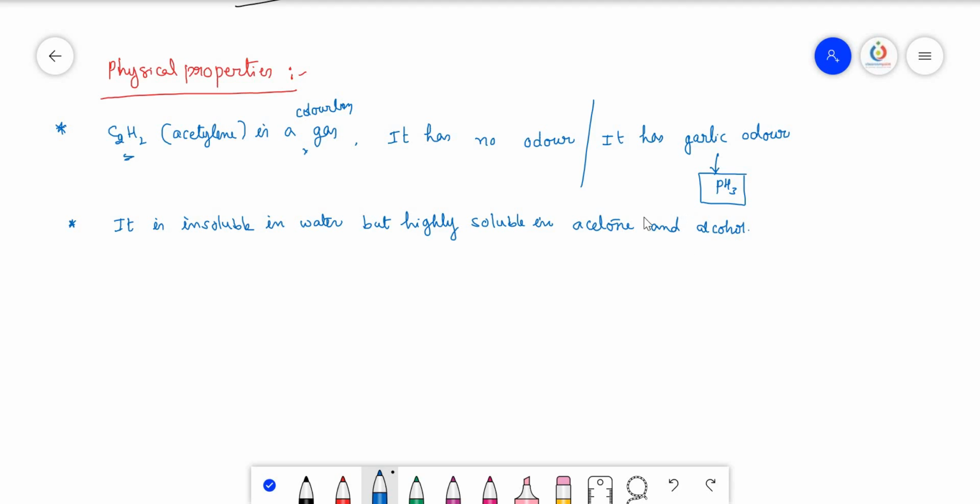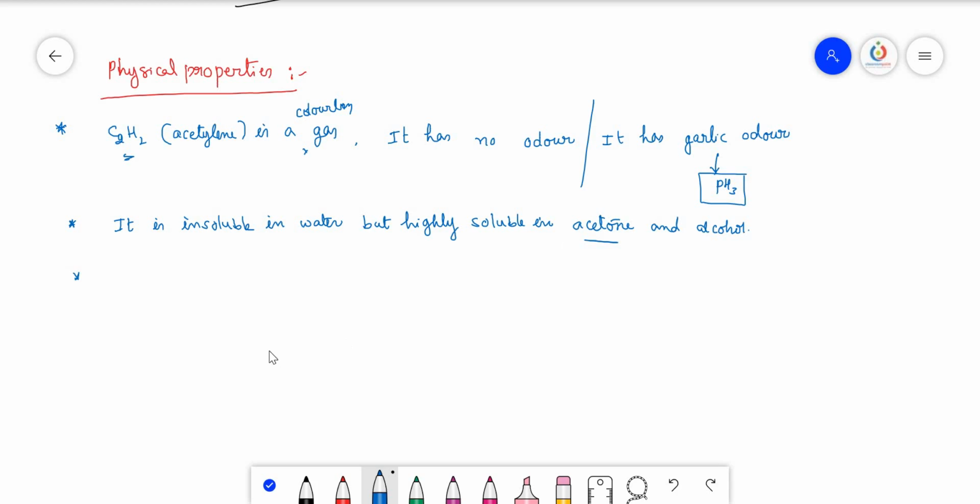Actually, this acetylene gas is transported at high pressures using acetone as the main liquid, where acetylene gas is properly soluble in acetone.